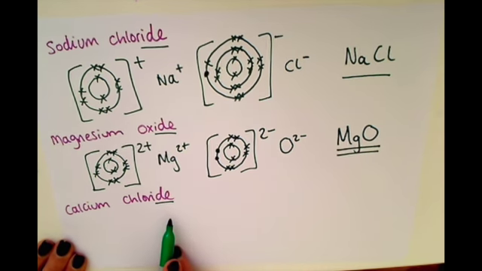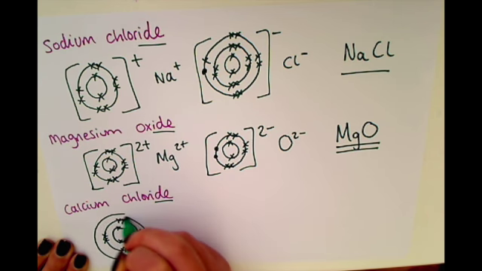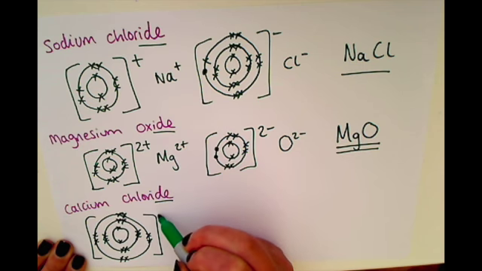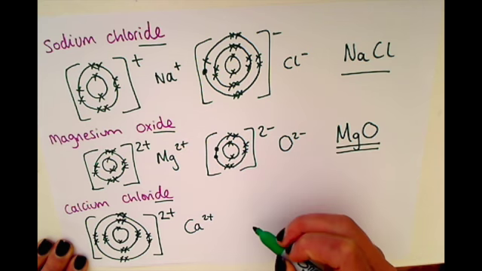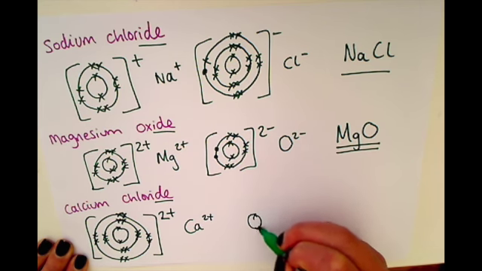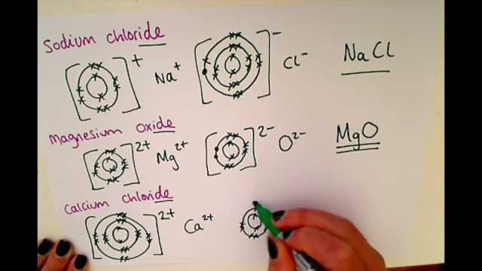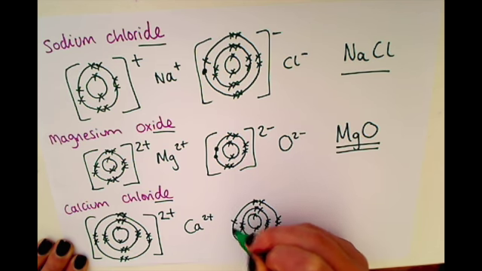For calcium chloride, we need to draw a calcium ion, and because that's in group 2, that will be a 2+ ion, Ca2+, and this is bonded to chlorine, and the chlorine is in group 7.